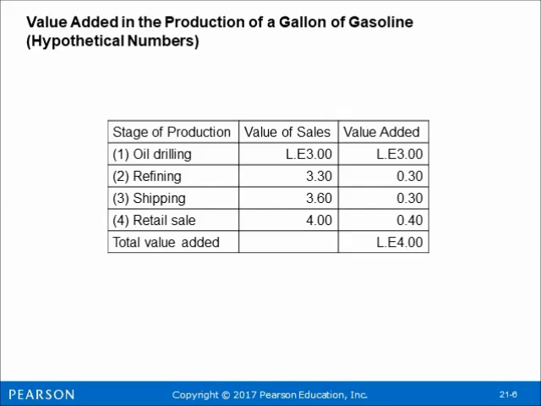So for example, in the first stage, oil drilling, the value of sales is 3 pounds per gallon, and the value added is also 3 pounds for a gallon. In the second stage, refining, the value of sales in this stage is 3 pounds and 30 pence, and the value added is 30 pence.